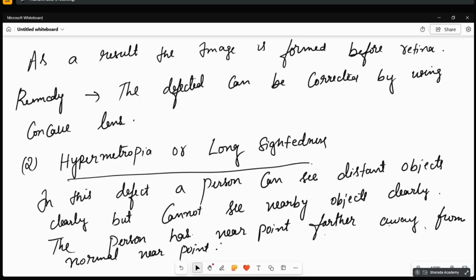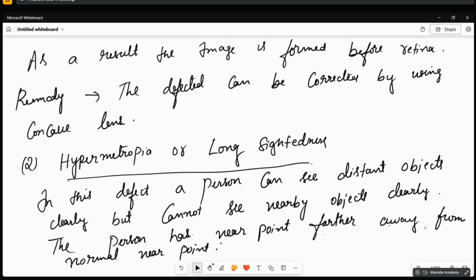Near point for a normal eye is 25 centimeters, correct? So when a person has hypermetropia, instead of 25 centimeters, it may increase to 50 centimeters. That is, the person can see the object clearly when it is at 50 centimeters, not at 25 centimeters. Below 50 centimeters, he may not be able to see it clearly.